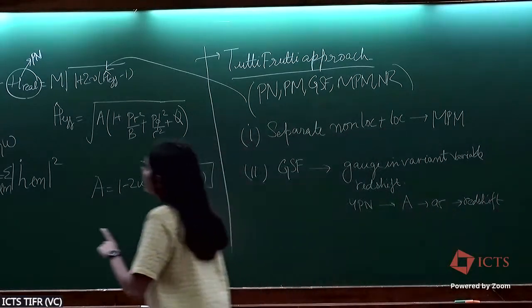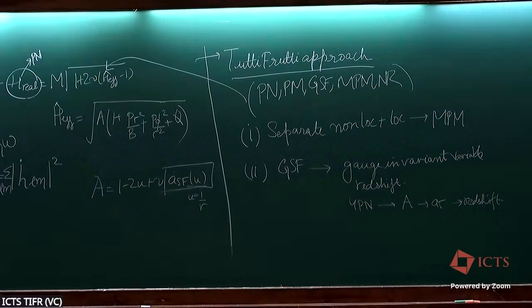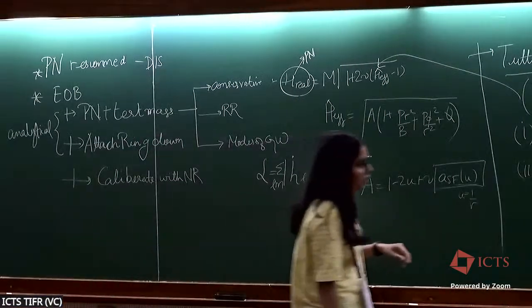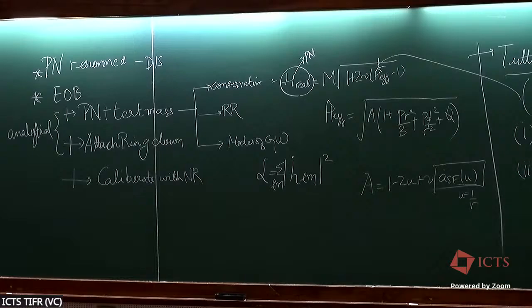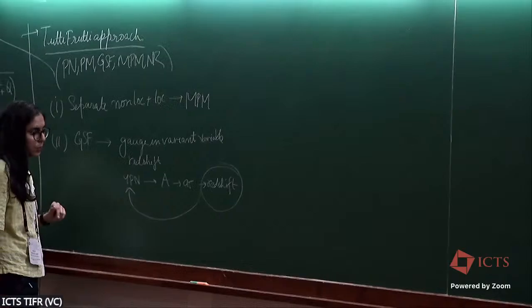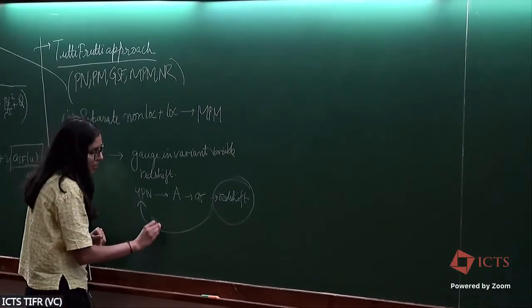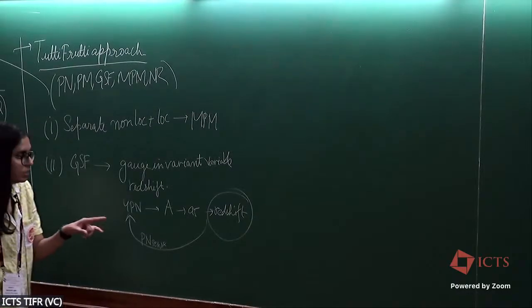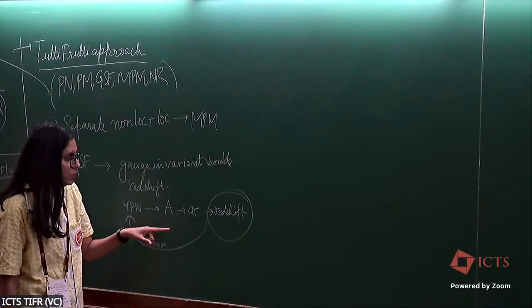But we know that even from the PN side, the state of the art is the complete 4PN result. So whatever we have obtained from the self-force result should match with the 4PN result computed from PN. You might have checked that up to 3PN, that's the case.